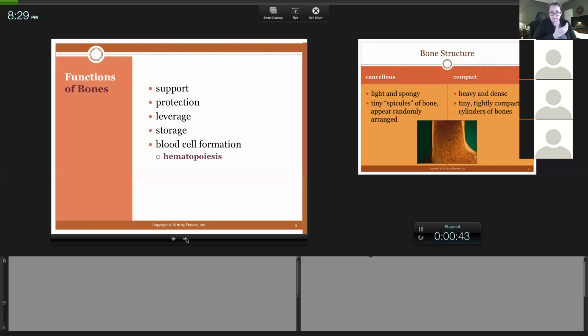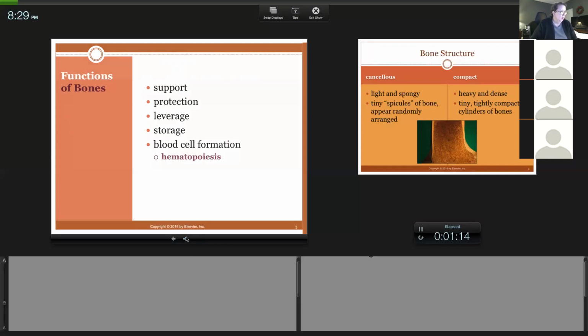When I talk about storage, these were calcium and other minerals, but calcium being the primary one that can be pulled from the bone and can be stored in the bone if there's excess. And then the blood cell formation process is hematopoiesis. On the study guide, hematopoiesis occurs in the bone marrow. You don't want to just say the bone because it's specifically in the marrow cavity.